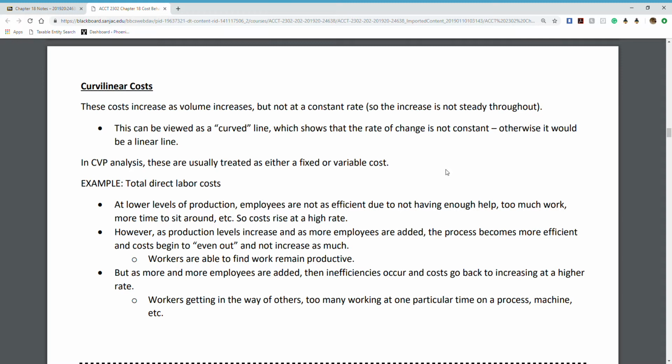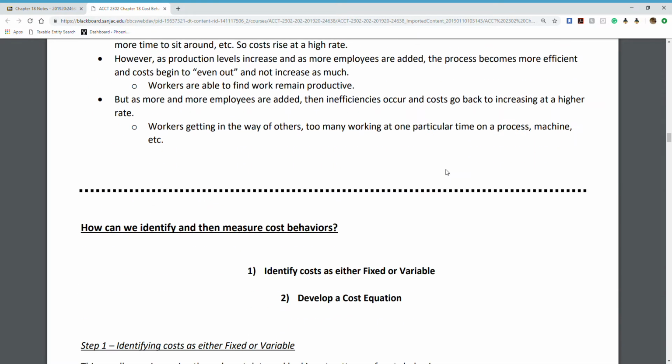But as more employees are added because we think it's going to help, they can also increase inefficiency, and it's really a complicated mess here. So we're not going to go too much into the curvilinear. It's just good to know what it is. Okay.